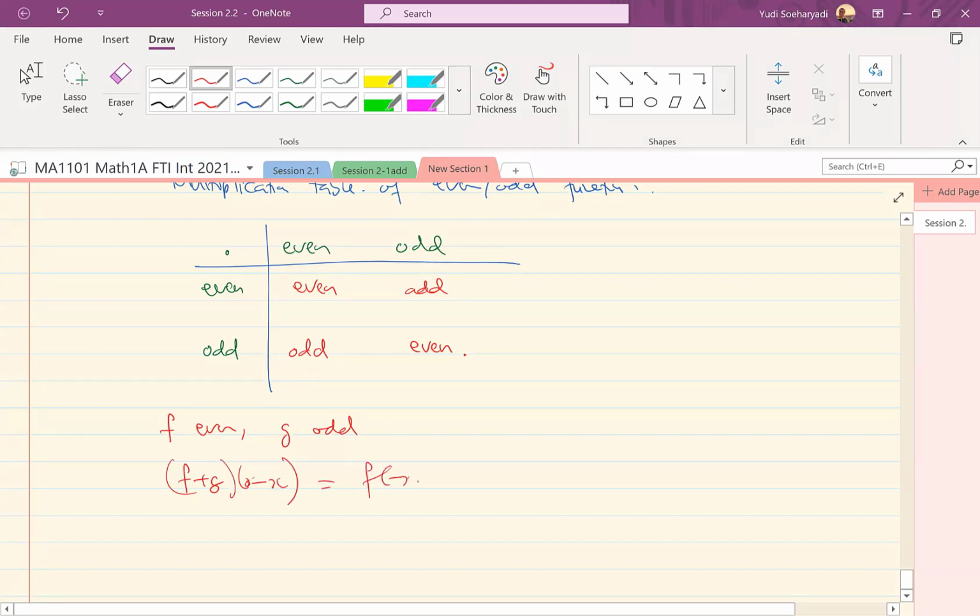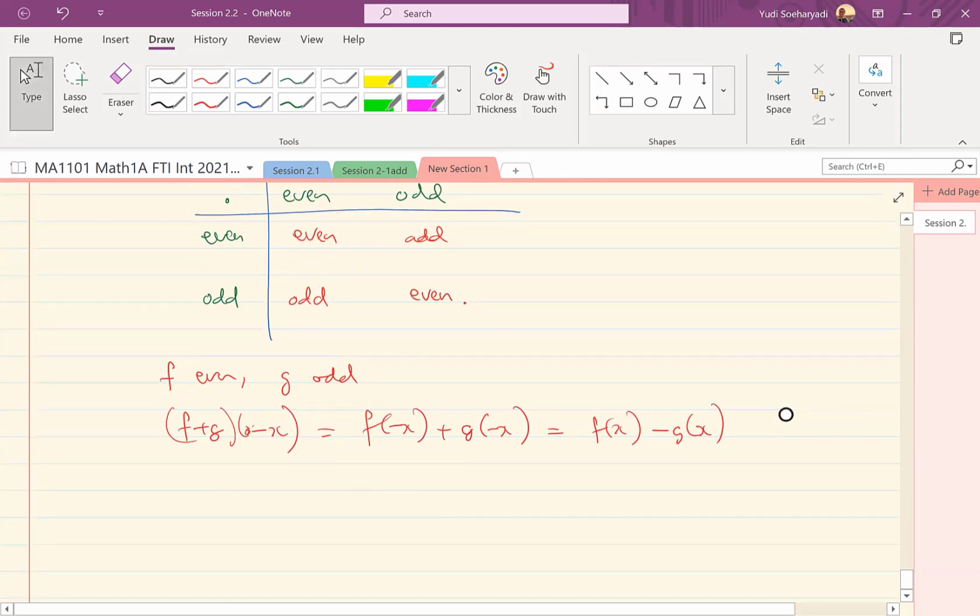Since f is even, this is f of x. g is odd, so this becomes negative. So it's not the same as f plus g.